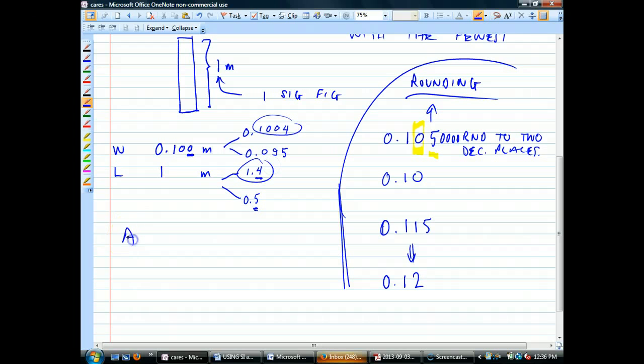So I would have the area, and then the lowest possible area would be the two lowest values multiplied by each other. And let's see.